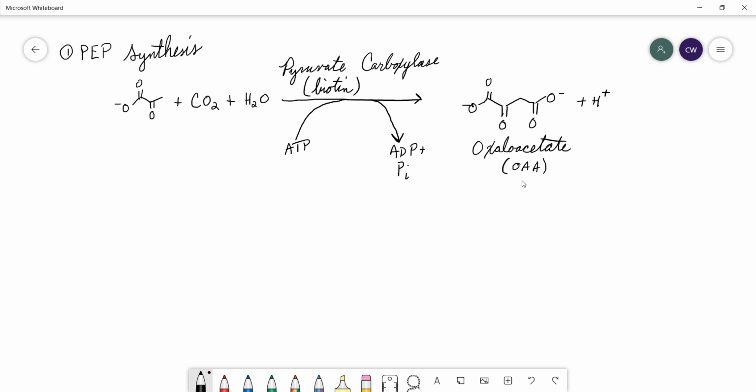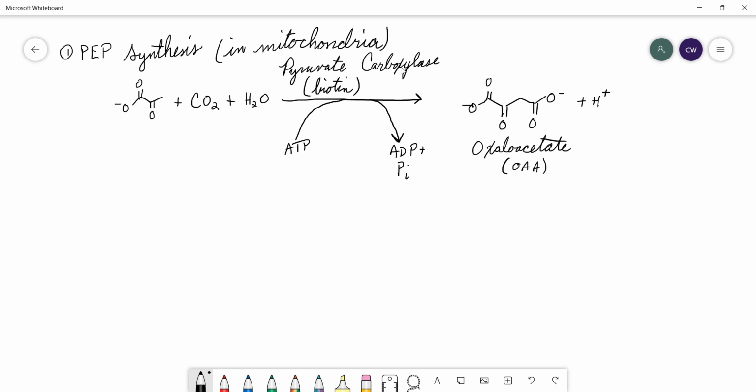Okay, this happens in the mitochondria. So this happens largely in the cell mitochondria. In some species, it's done exclusively in the cell cytoplasm.